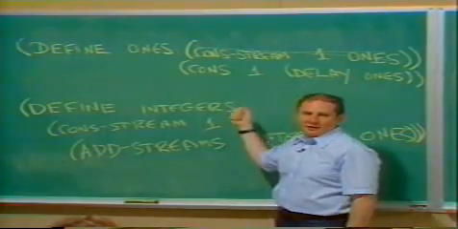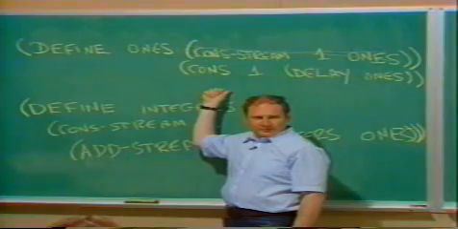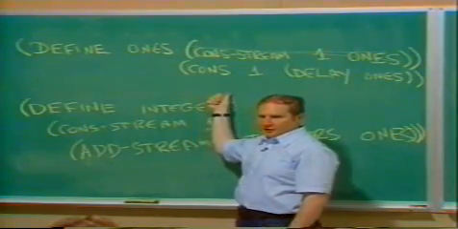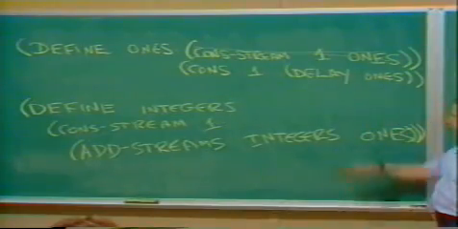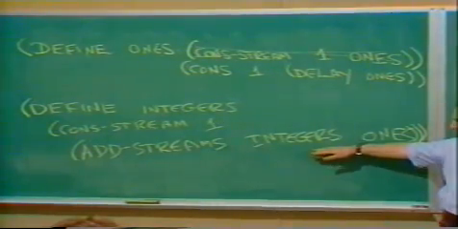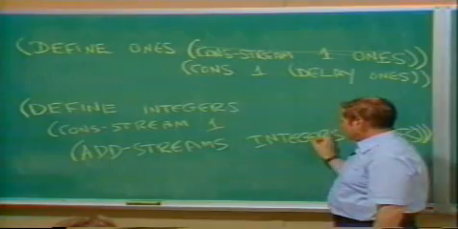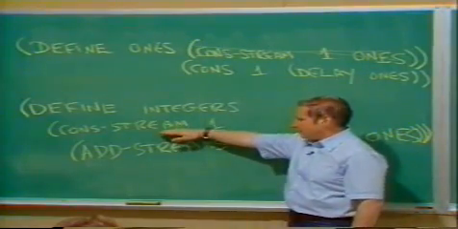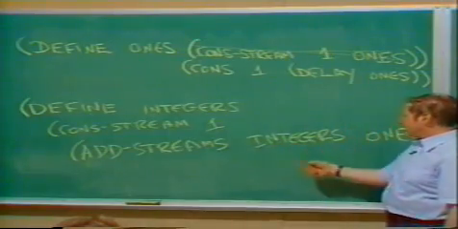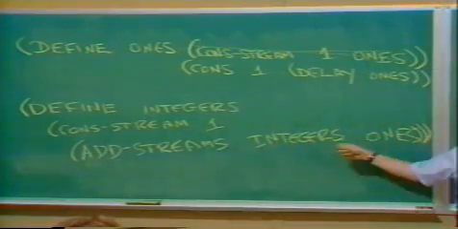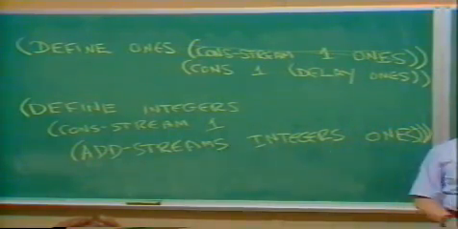Having run the definition, ones is now defined, so that when I go and look at the tail of it, it's defined. It's very sneaky. And then integers the same way. I can refer to integers here because, hidden way down because of this cons-stream, it's the cons-stream of 1 onto something that I don't worry about yet. So I don't notice that integers isn't defined at the point where I try and run the definition.